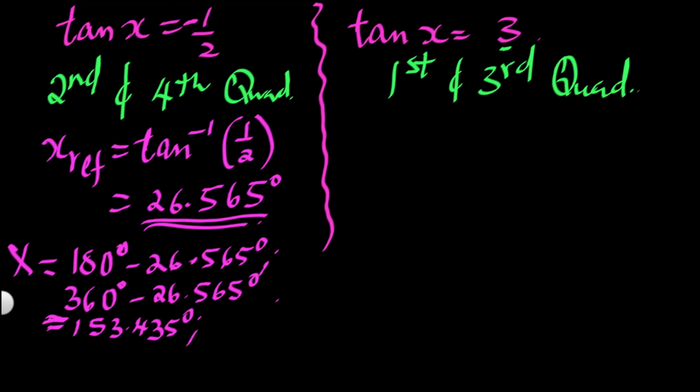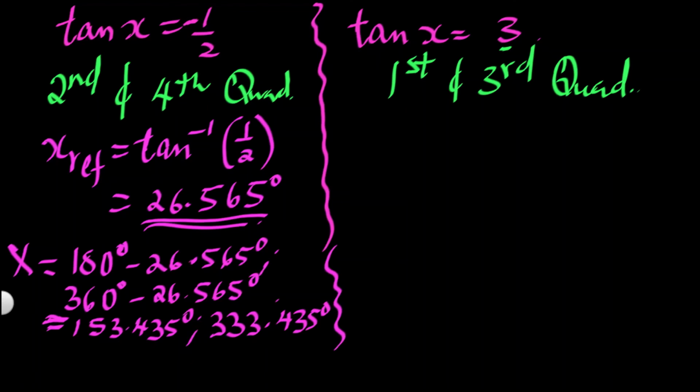The other answer from the fourth quadrant would be 360 minus 26.565 degrees. I get 333.435 degrees. So I have exhausted my answers from the left hand side.